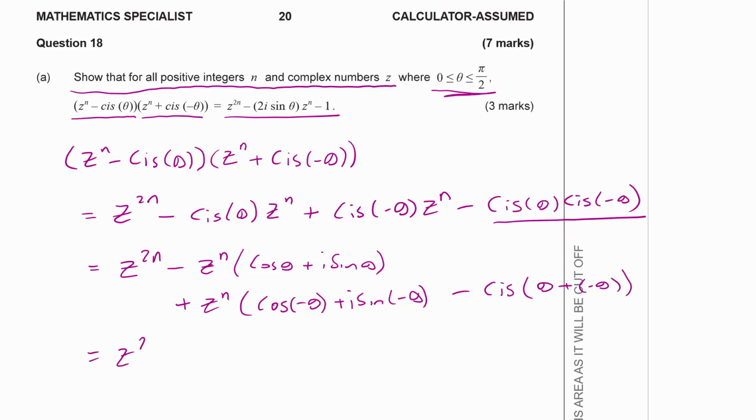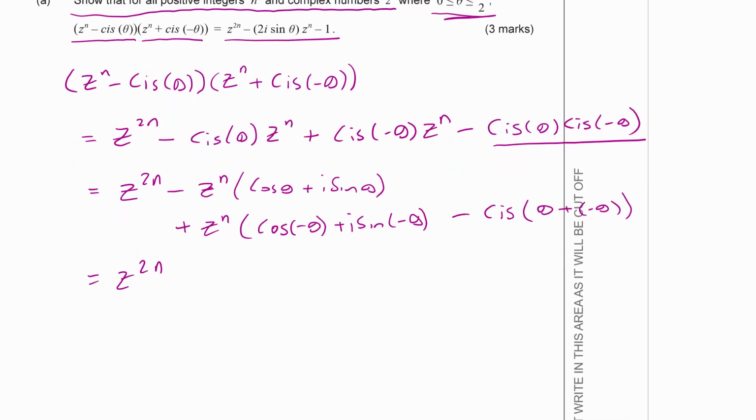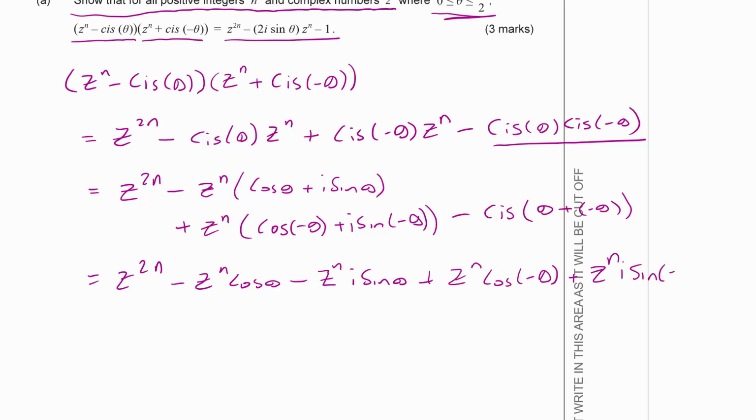So we've got z to the 2n, then we have minus z to the n cos theta, minus z to the n I sine theta, plus z to the n cos negative theta, plus z to the n I sine negative theta. And at the end here we have take away cis 0.